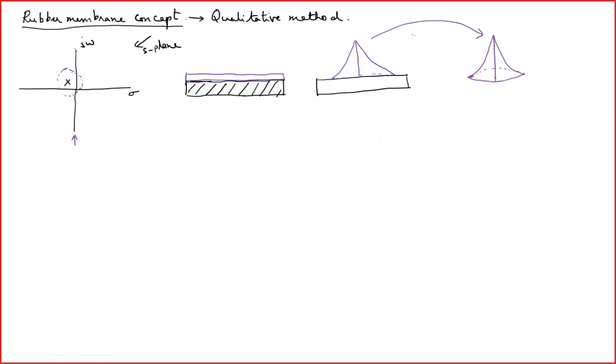So what would we do? We would just cut our table such that we do not have any information about the right hand plane.